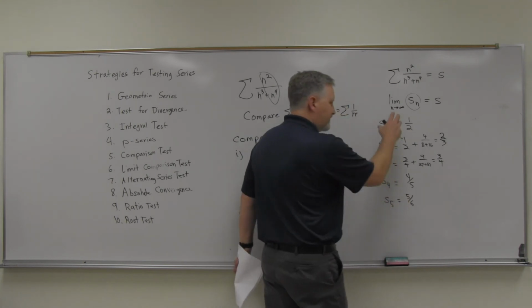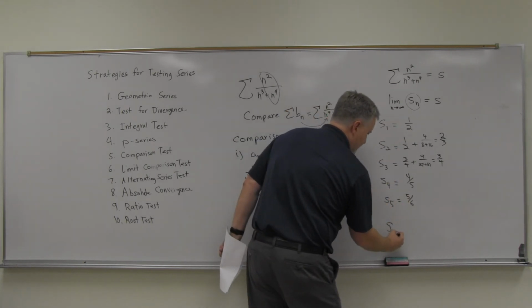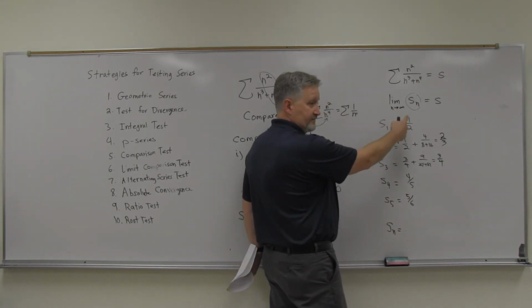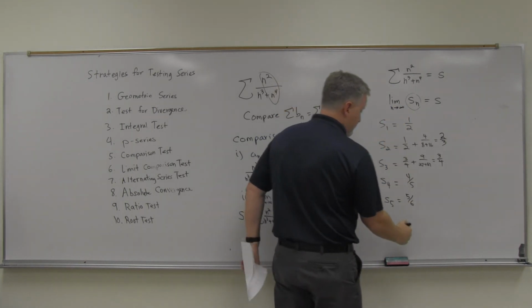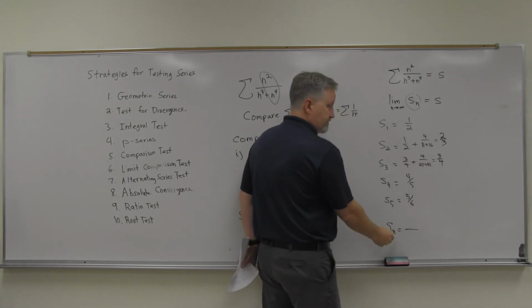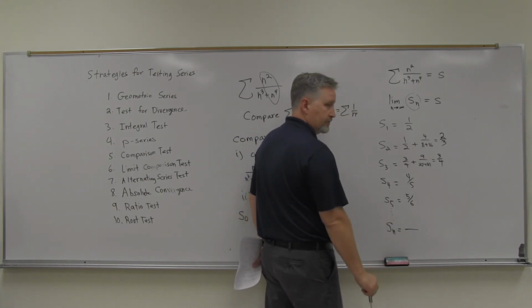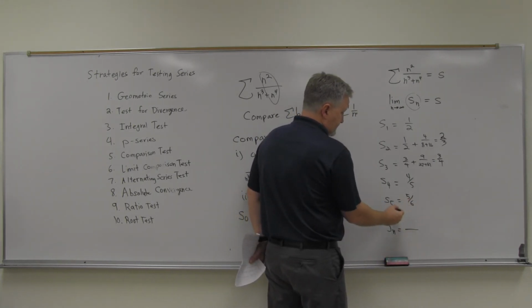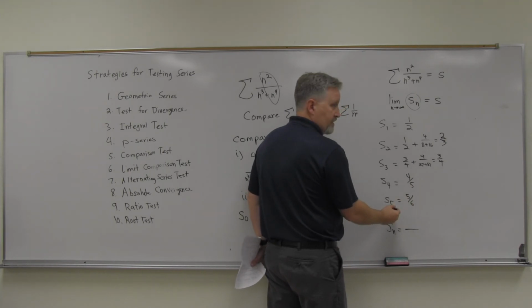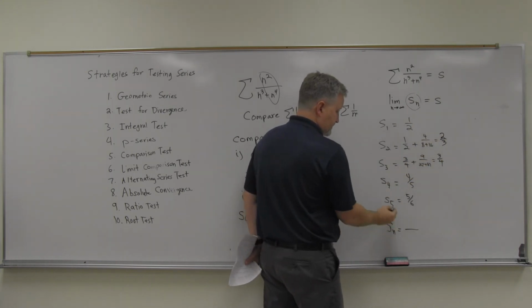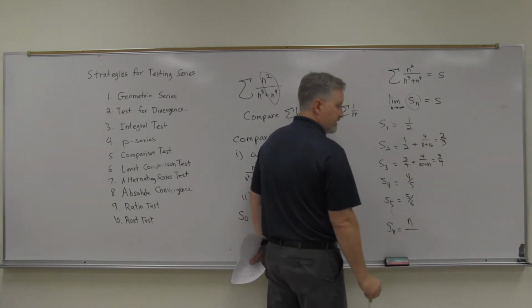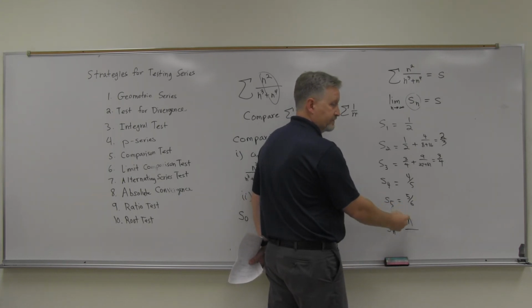Well, if you can get that pattern, figure out what S sub n is, then we can use that in our little formula here and figure things out. What would the S sub nth one be? Well, the top is just whatever n I'm on, right? Here's 5, 4, 3, 2. So the top one's just whichever n I'm on. And then the bottom is just one more, isn't it?